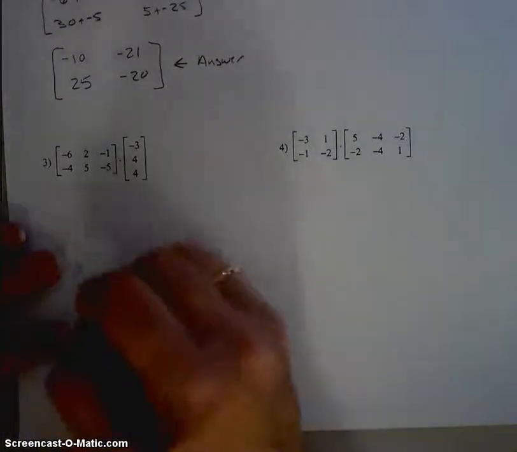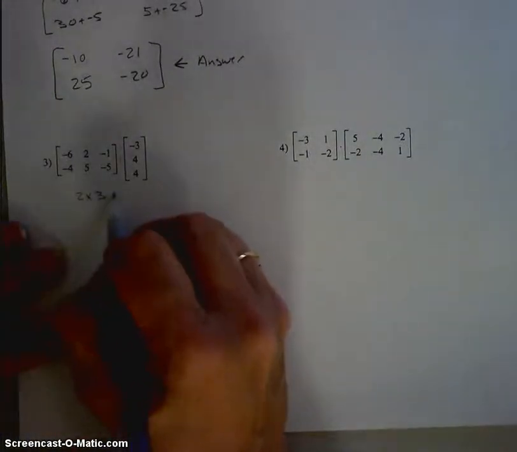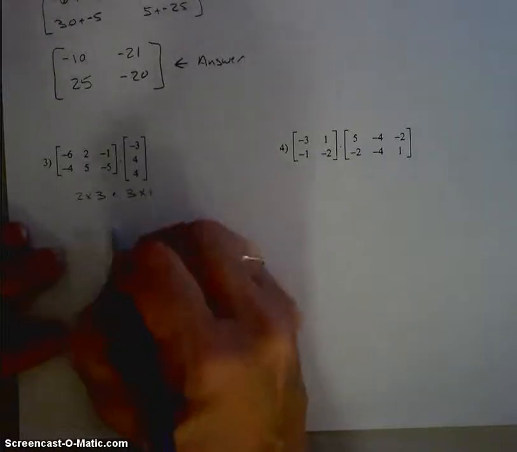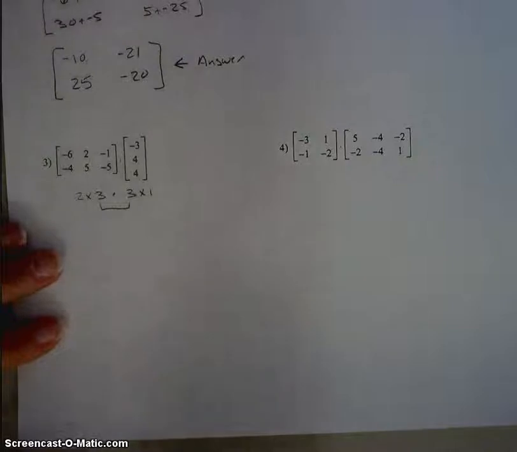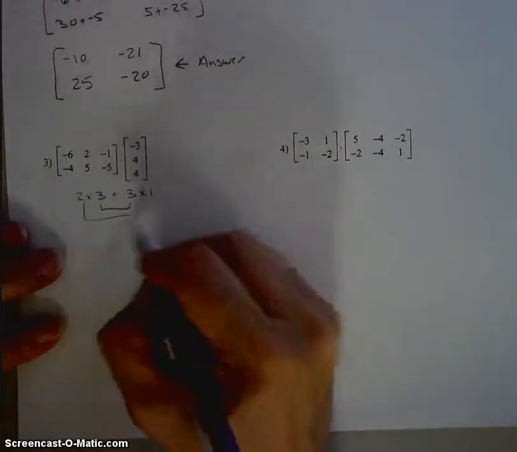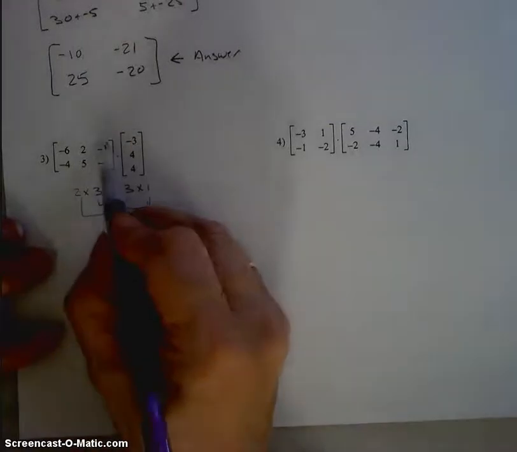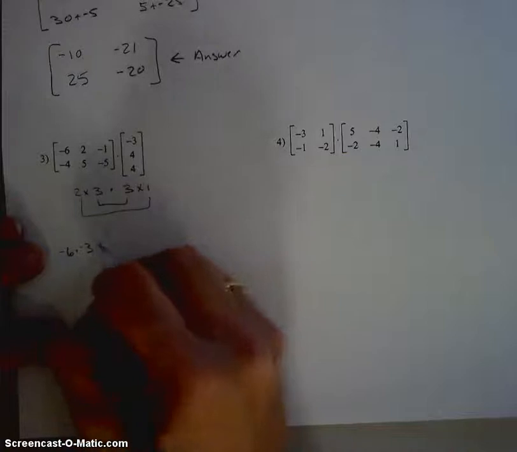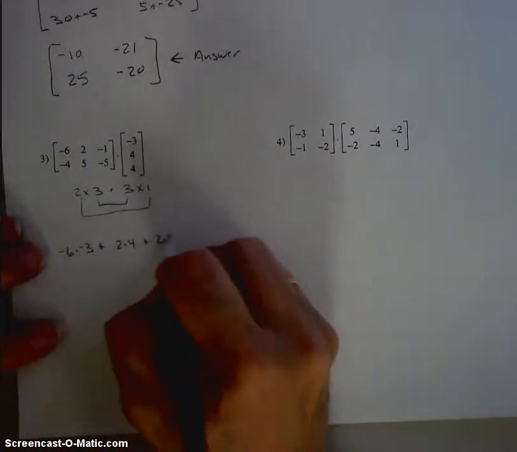So example 3 here, I have a 2 row by 3 column times a 3 row by 1 column. So this is good. So my inside numbers are equal, and then I'm going to wind up with a 2 by 1 matrix. So I'm going to multiply row 1 by column 1. So I'm going to have negative 6 times negative 3 plus 2 times 4 plus 2 times 4.